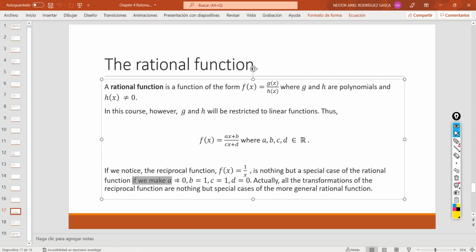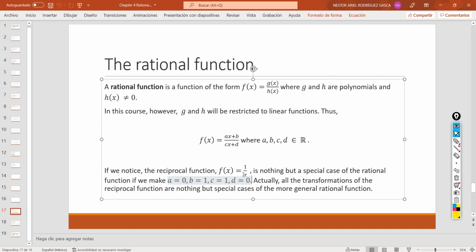If we make the constants a equals 0, b equals 1, c equals 1, and d equals 0. If you give these particular values to these constants, guys, pause the video and you will realize that this function reduces to the reciprocal function, which is this one.